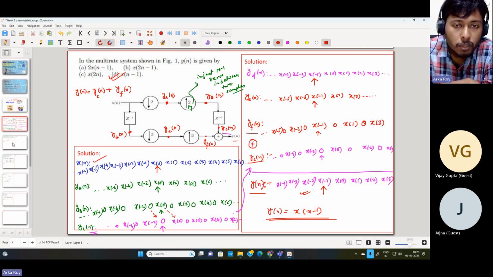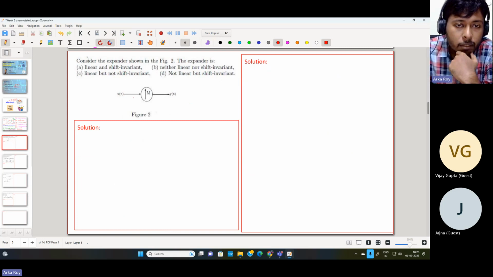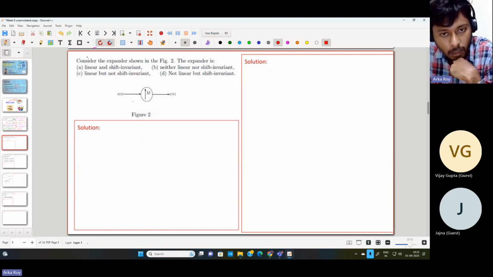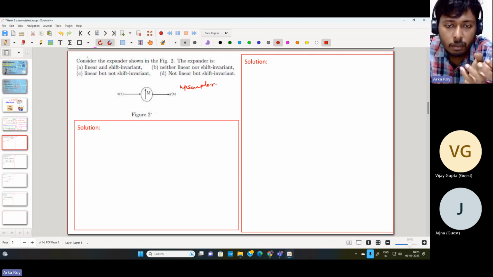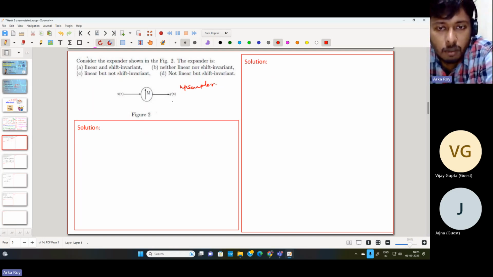Okay, so moving towards the next question. In the next question, we have been given a system. The system is nothing but an upsampling system or an upsampler. Given this upsampler, we need to find whether the system is linear or not and shift invariant or not. Let us write the governing equation for this system.